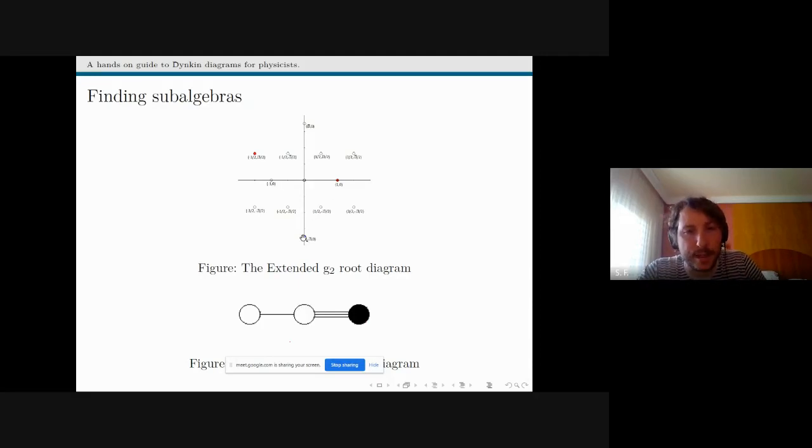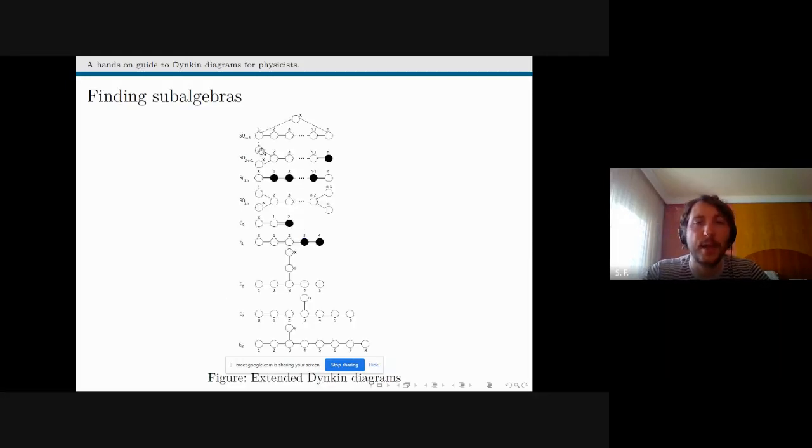And then this root down here is 90 degrees to this root here, so there's no line connecting these two. And these two roots are the same length and have 120 degrees between them, so they're both open and have 1 line. So this is the extended G2 root diagram, and Dynkin gives you the full set.